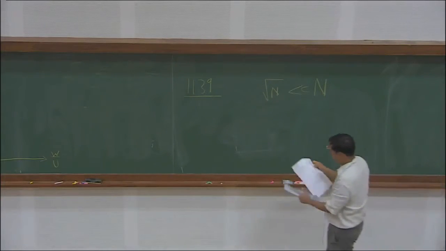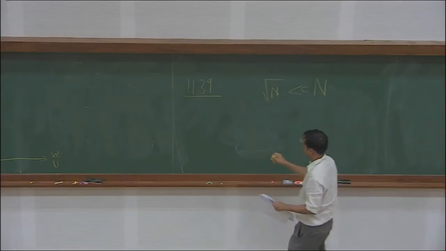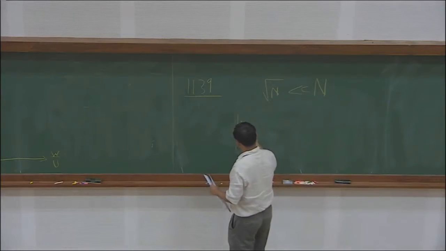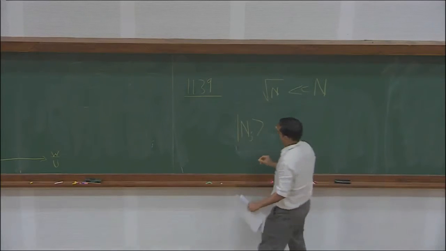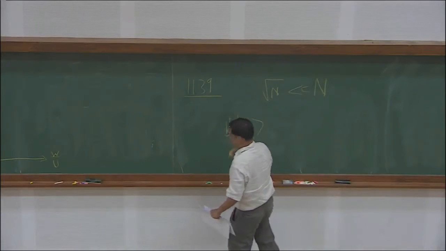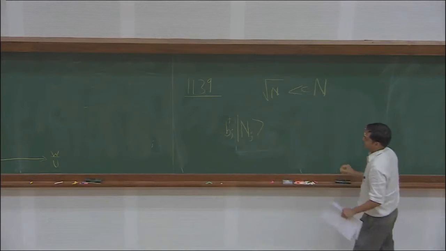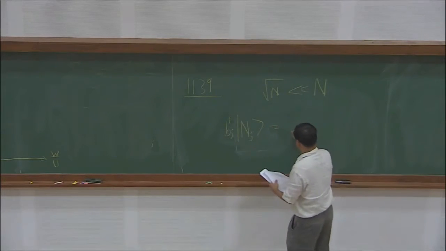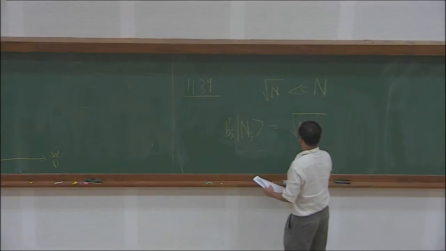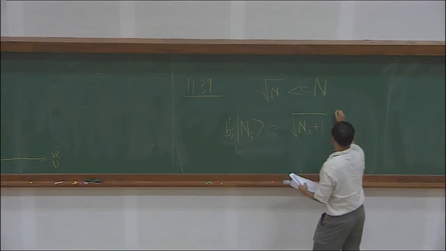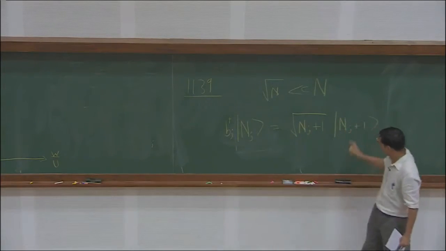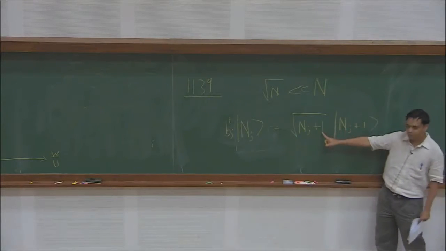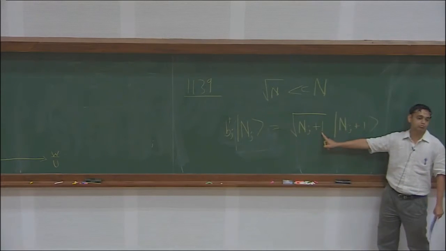So let's examine the bosonic commutation and anti-commutation relations. Supposing I had n particles at a site, and I acted with b dagger j. I showed this to you explicitly, I get this. But if n is large, do I really care about the 1? Not really.